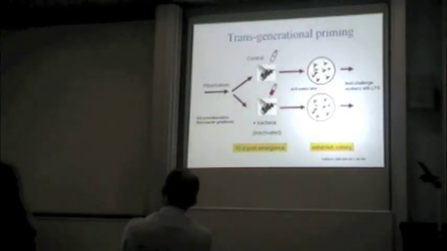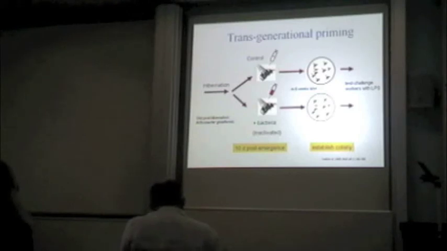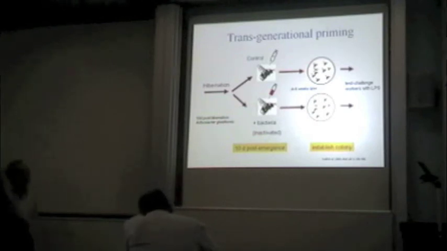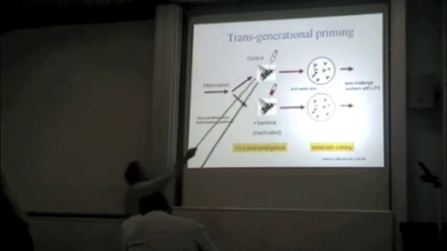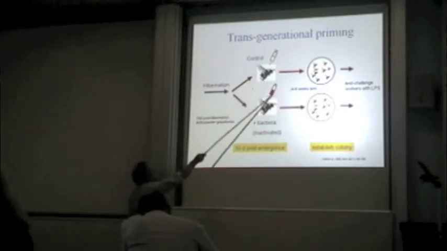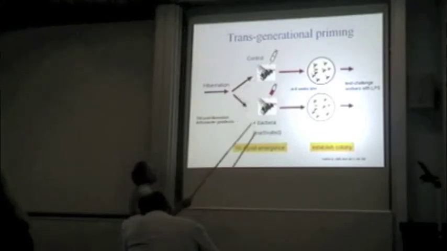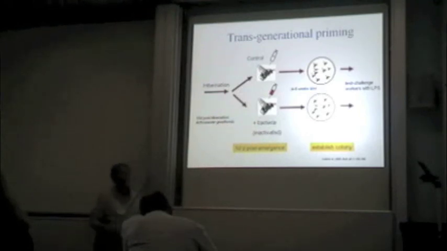The second trade-off turned out to be the case in a completely different context where we didn't expect it in the first place, and this was in the context of transgenerational immune priming. So this is a series of experiments that Ben Satt has done in our lab, where he took some queens and infected them with heat-killed bacteria or controlled sham infections, and tested the workers a little bit later.